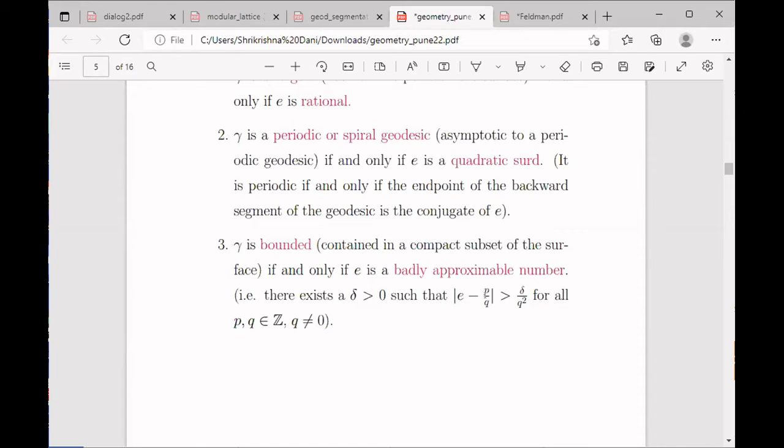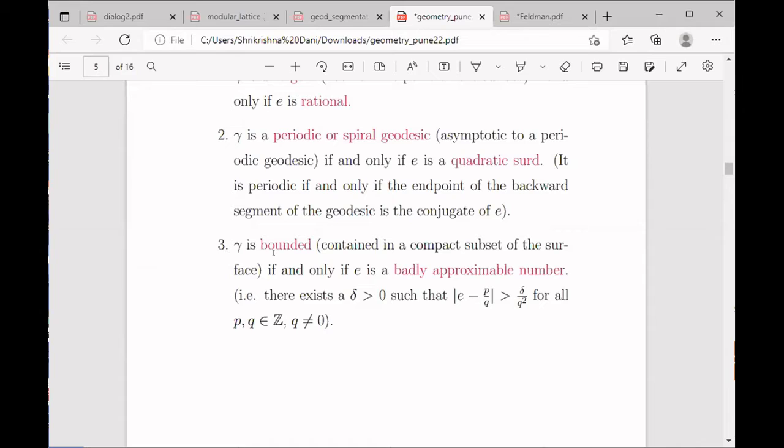When this happens, the number is said to be badly approximable. Now, in terms of behavior of numbers, this is something exceptional. It turns out that almost all numbers are well approximable, which is the opposite of being badly approximable. So badly approximable numbers form a set of measure zero, and similarly, the phenomenon of the forward geodesic trajectory being bounded is something exceptional.